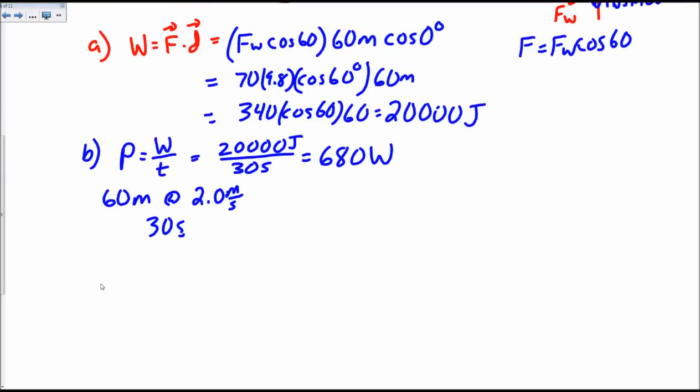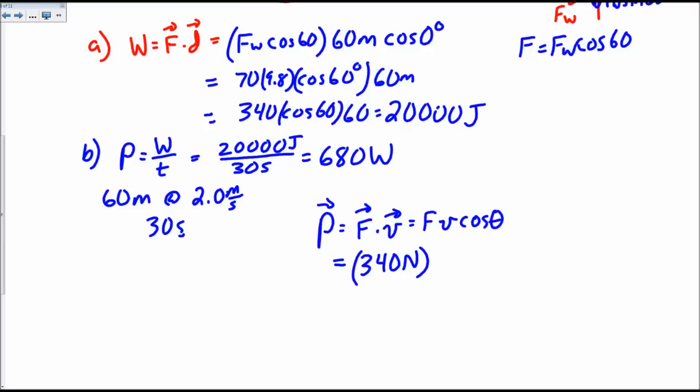Another way to do this, because the actual definition of power is F dot V. The dot product of the force and the velocity. The force, as we've already said, is 340 newtons. And remember, the definition is FV cosine of theta.